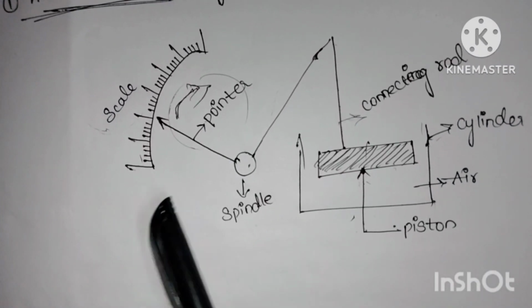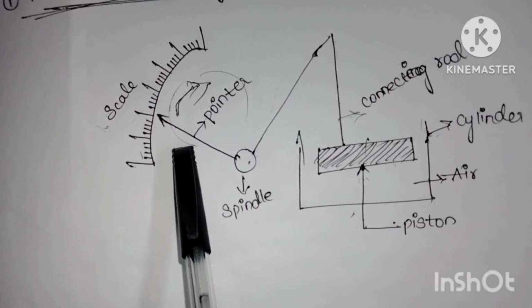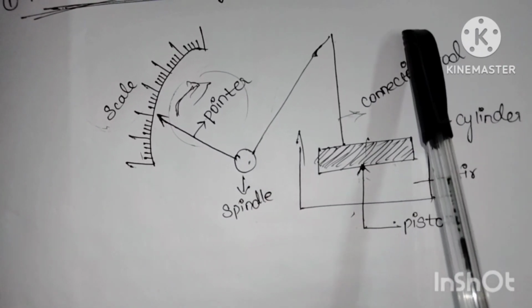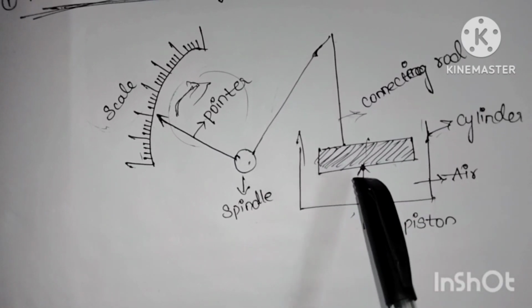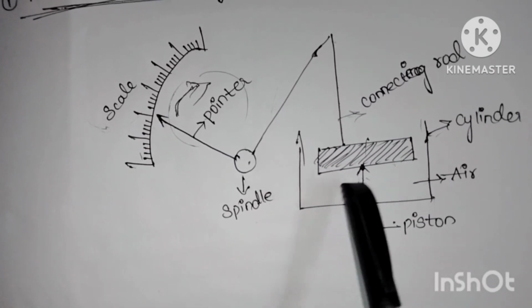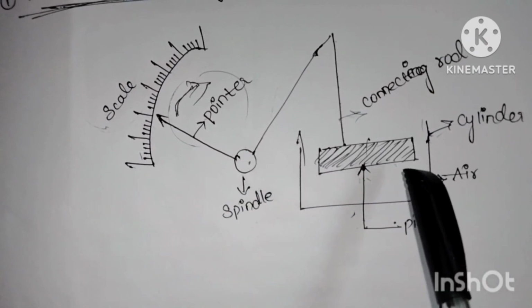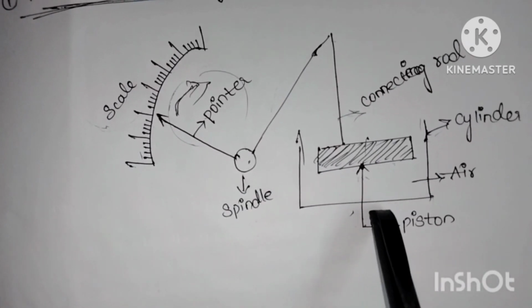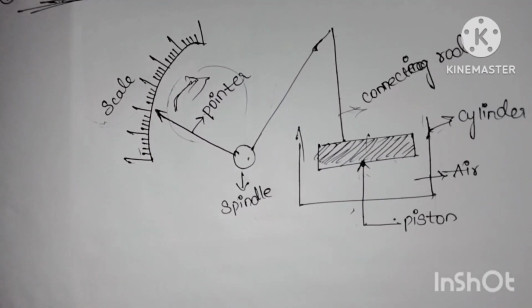Second case, if the pointer oscillates in anti-clockwise direction, the piston moves away from the cylinder. The pressure of the air gets reduced. The external pressure is more than the internal pressure. Therefore, the piston moves downwards. The pointer tends to move in clockwise direction.